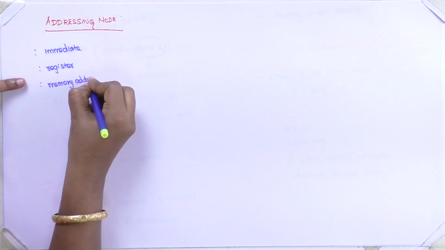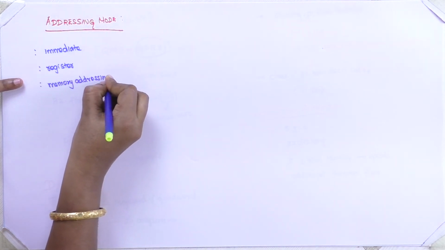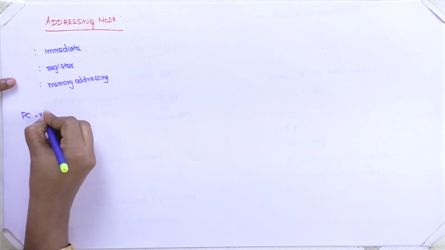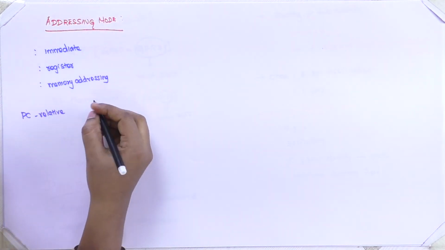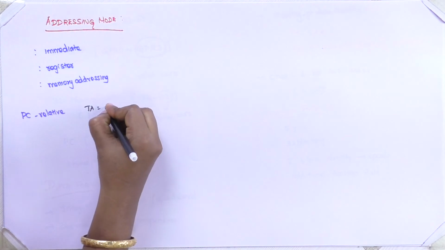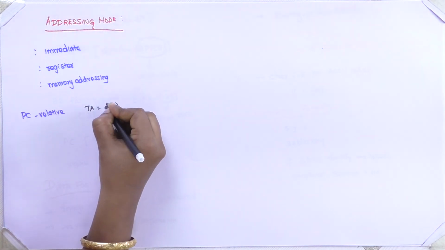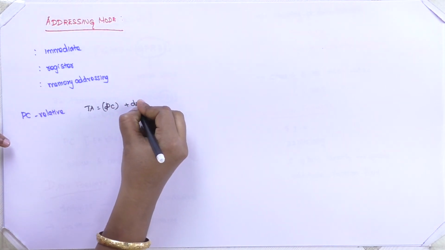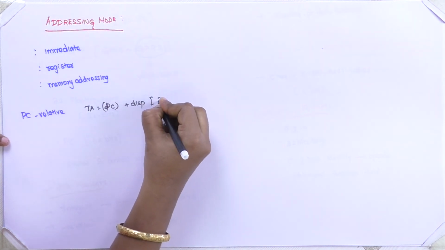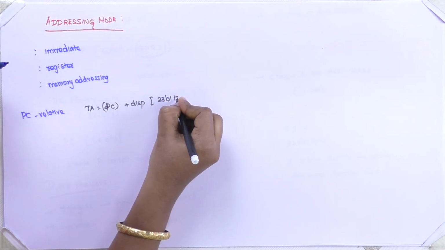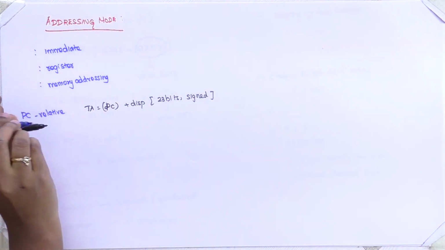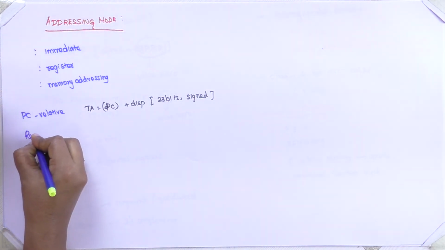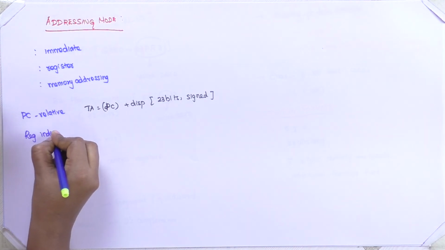For PC relative addressing mode, the target address is calculated as we have already seen: the target address is equal to the content stored inside the program counter plus displacement, which is 23 bits signed. Next, register indirect with displacement.